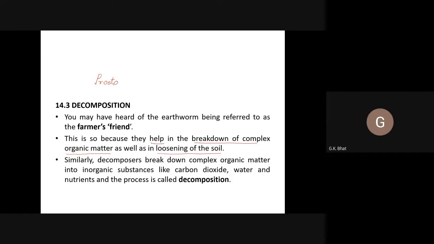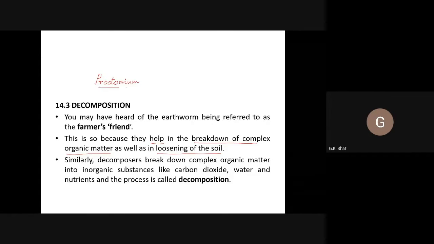Pratyuraj. Prostomium. Who said it? You are right. Whose voice is it? Namrata, sir. Prostomium.